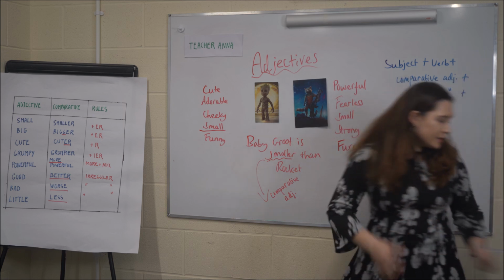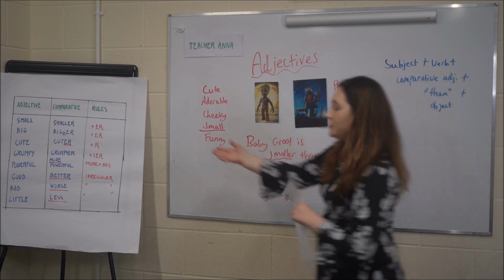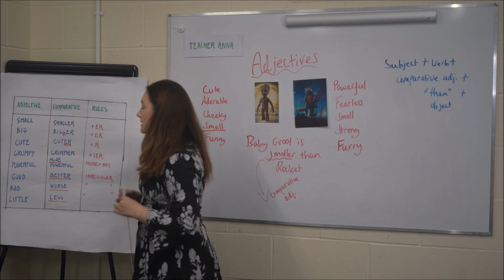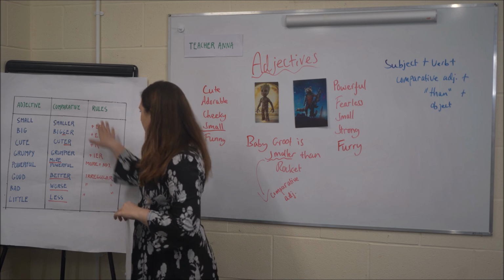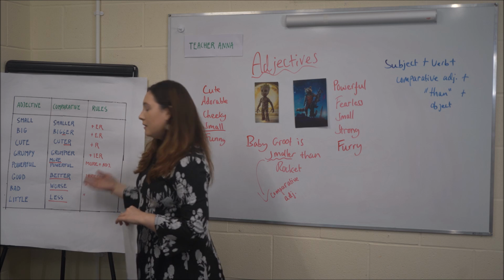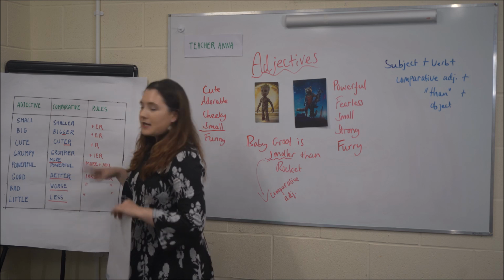Okay, so now we're going to be working on a speaking task. I'm going to use this table I've prepared, which is in your workbooks on page 26 to help you. So just to note, you can see the patterns here, but good, bad, and little are irregular and become better, worse, and less. And you just have to learn these.